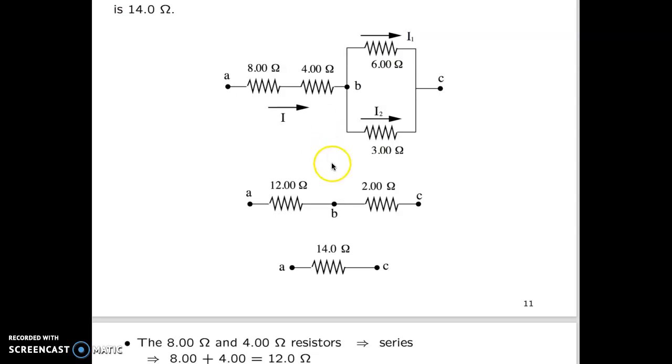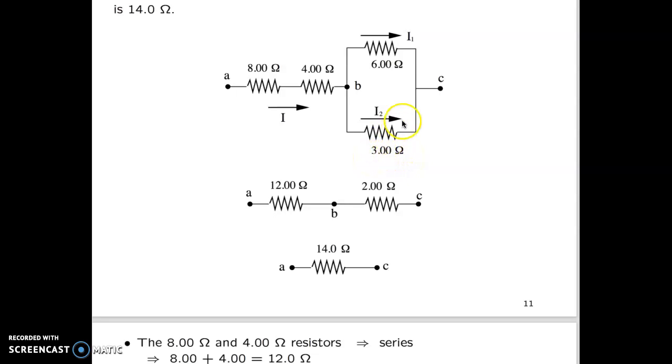Now, on the other side, it's a little bit more complicated. Okay, because I know that I is equal to 3 amps, but I don't know how the 3 amps divides into I1 and I2. Now what I do know is that the total is 3 amps.